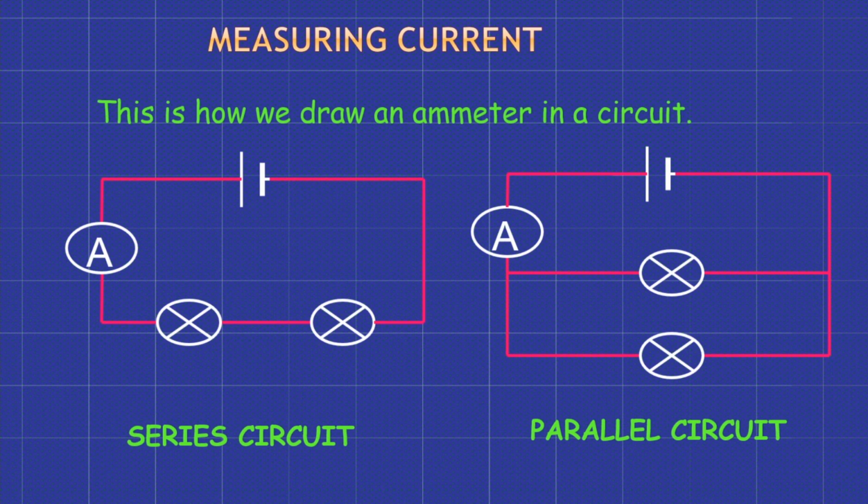You can see both the circuits in front of you. You can see the comparison, the series and the parallel circuit. The ammeter is placed in the series circuit, while in the parallel circuit, the ammeter is placed before the lamps that are arranged in parallel.